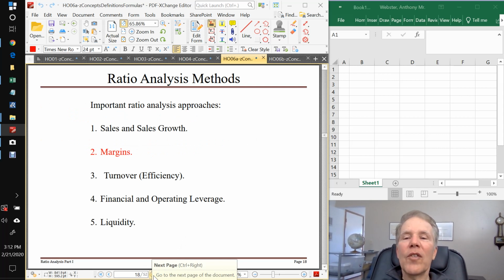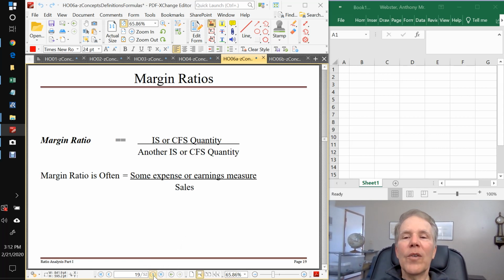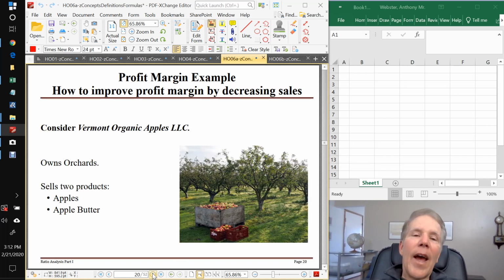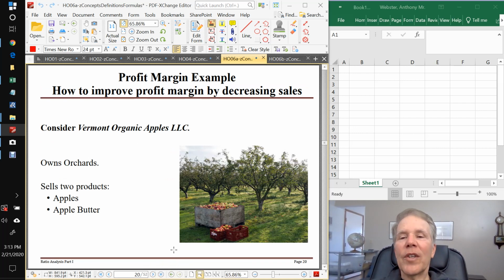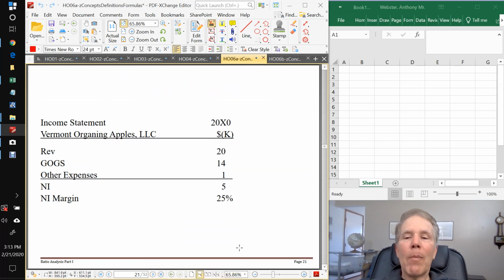Okay, so then we went on to margin ratios. Margin ratios are typically some expense or earnings measure over sales, but in their most general sense, they could be any income statement or cash flow statement quantity over another income statement or cash flow statement quantity. Okay, and we started, we looked at profit margin, and we looked at Vermont Organic Apples.